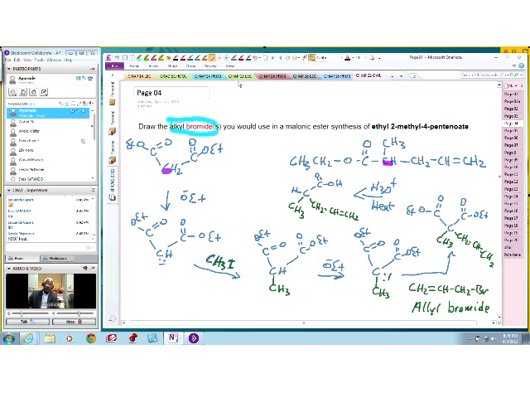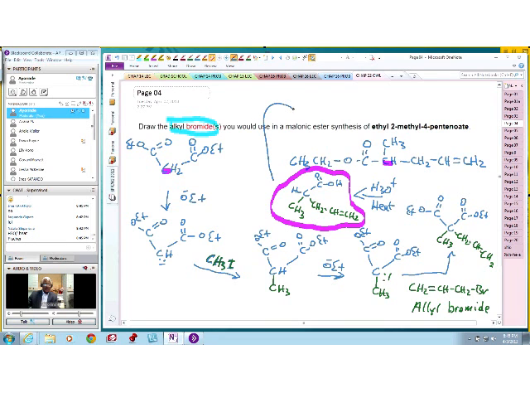So what is the last step here? Anybody has an idea? So far, this is where we are. We have made this. Okay, Fischer esterification. Exactly, Fischer esterification. Excellent.